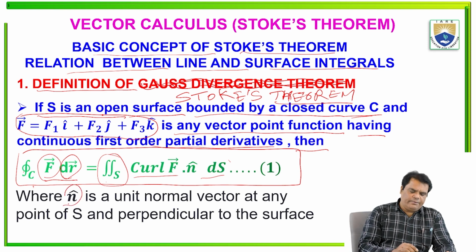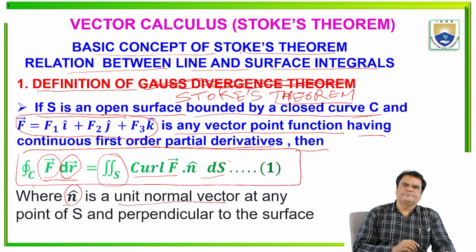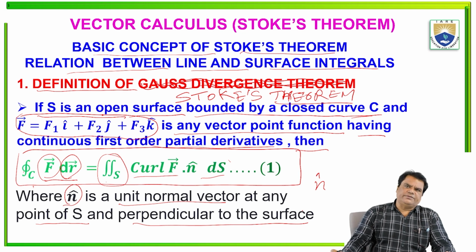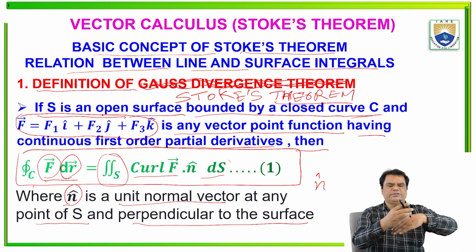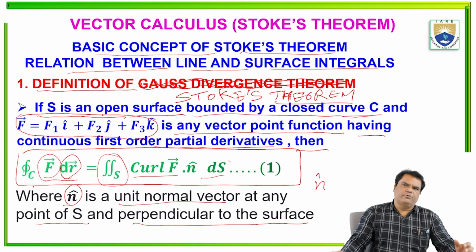Here n cap is a unit normal vector at any point on the surface, perpendicular to the surface. Suppose this is the surface. This is the direction of the unit normal vector n, perpendicular to the surface.